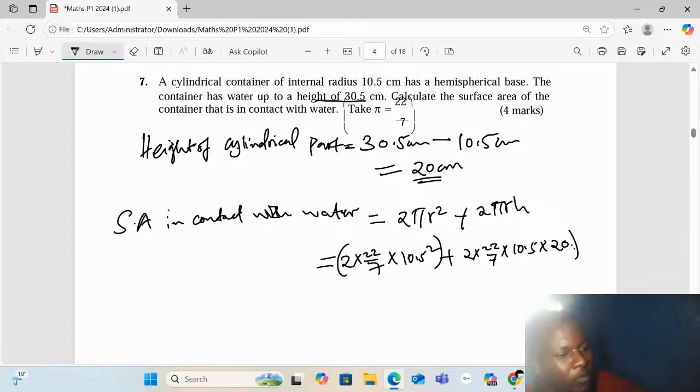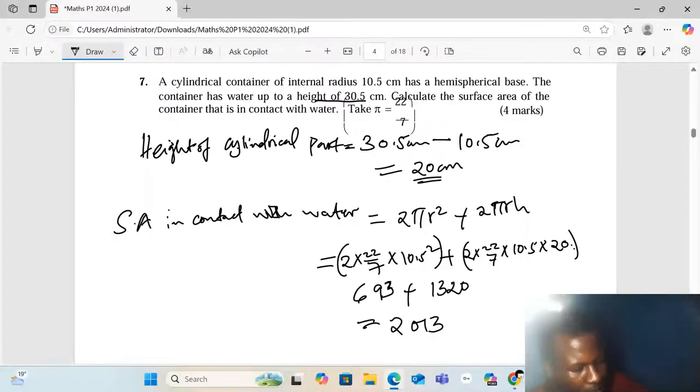When you work this out, you're going to get 693 plus 1320. When we add the two, we get 2013 square centimeters.